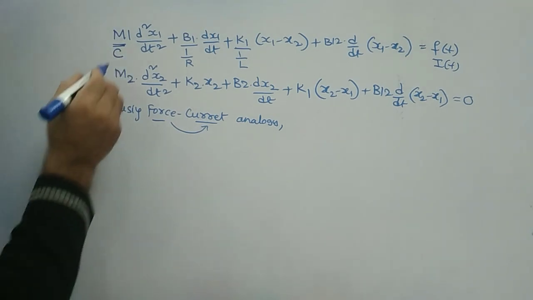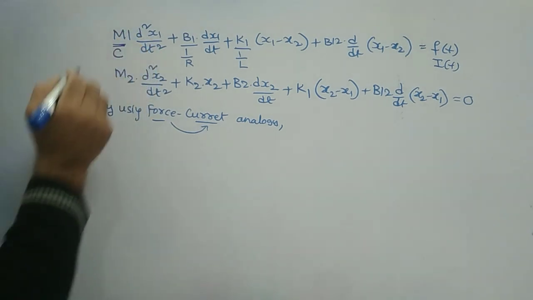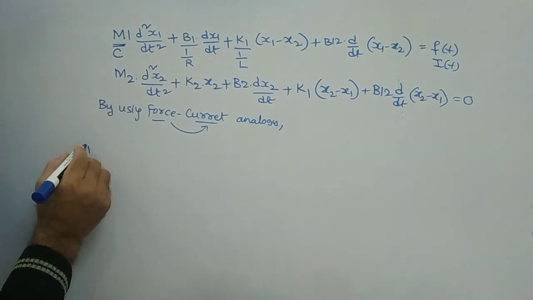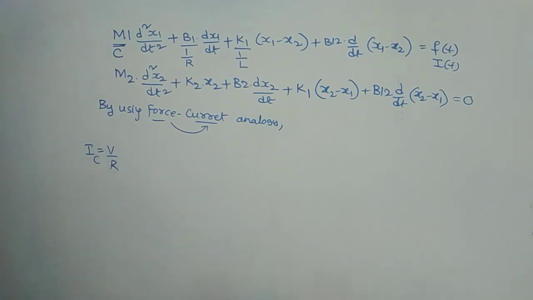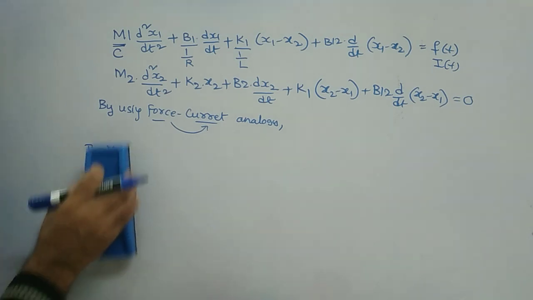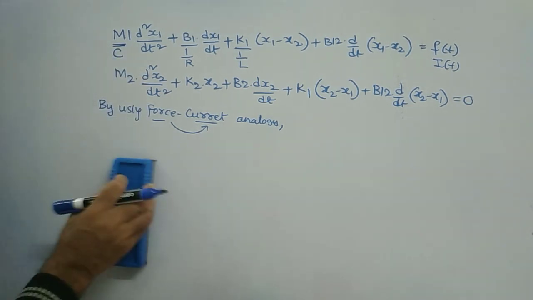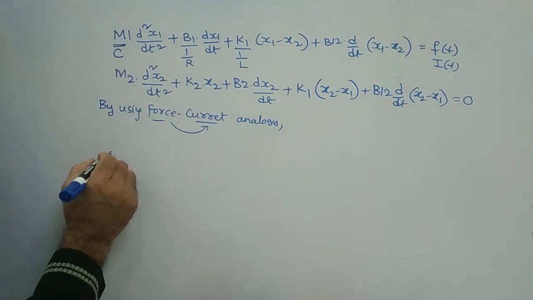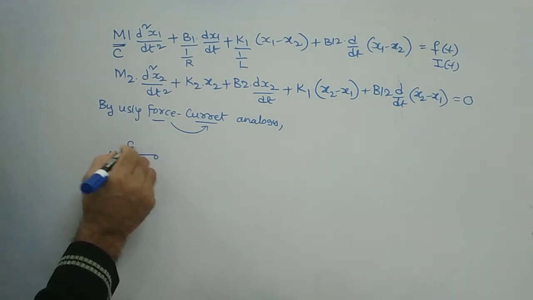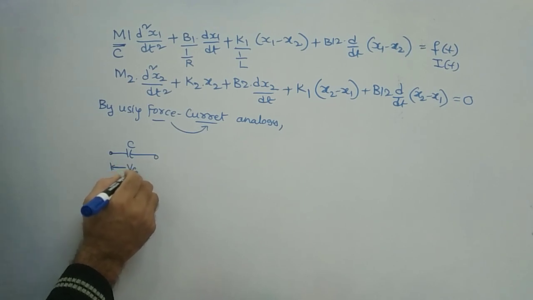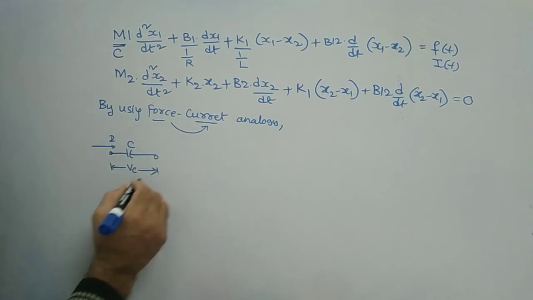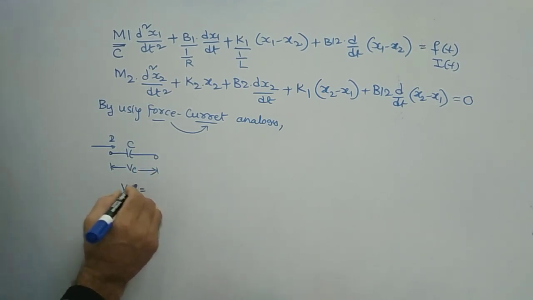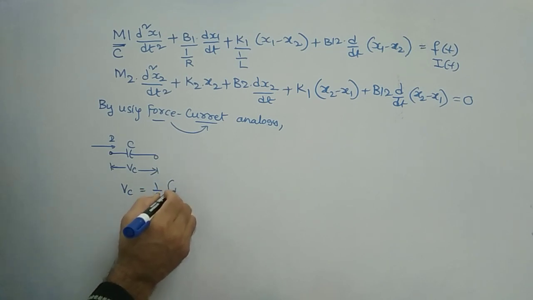Now for the capacitive element, you must write it in I is equal to V by R form, that is, what is the current in the capacitor element. If you take the capacitance C, assume that Vc is the voltage across the capacitor and I is the current flowing through it. Therefore Vc is equal to 1 by C integral of I dt.